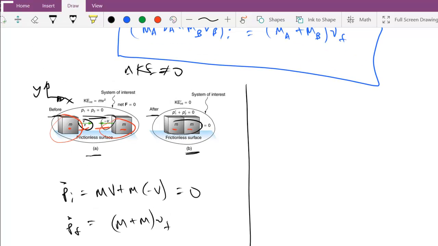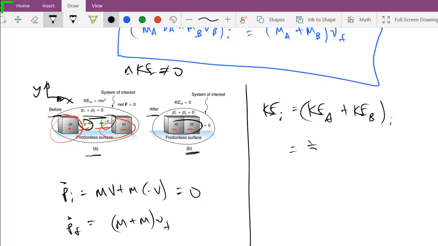before. So KE initial. And now kinetic energy is not a vector, right? So when I add up the kinetic energy of the system, this is the kinetic energy of A plus the kinetic energy of B initial.